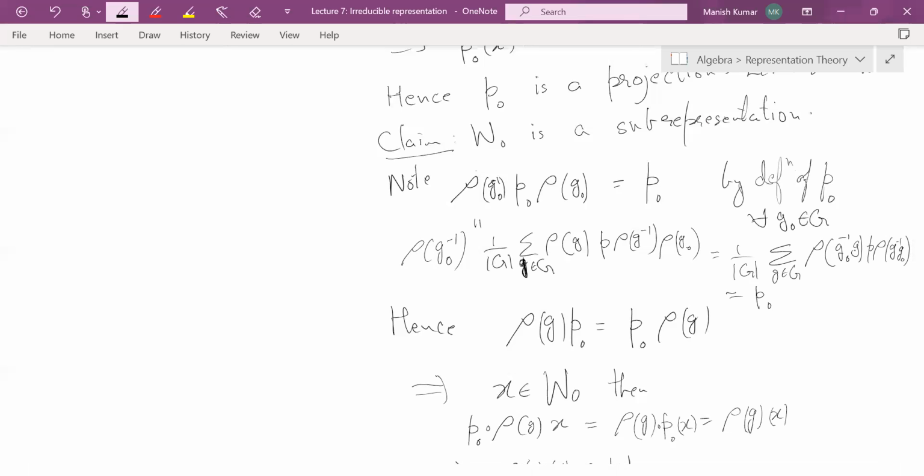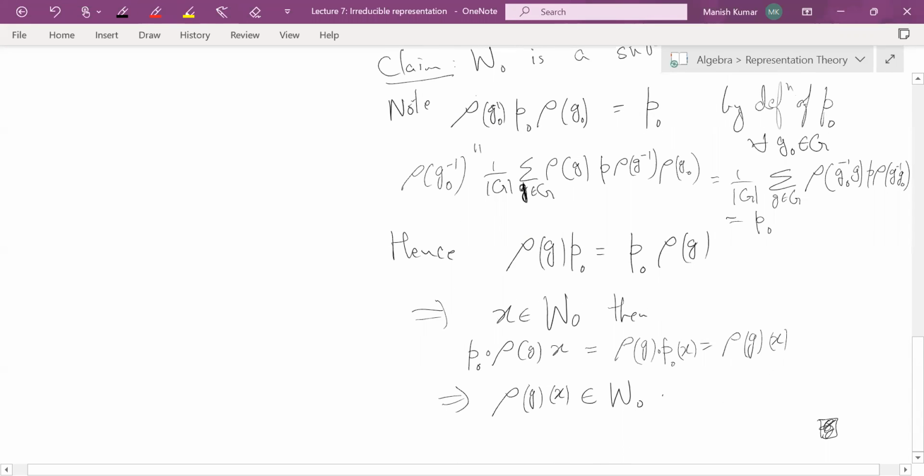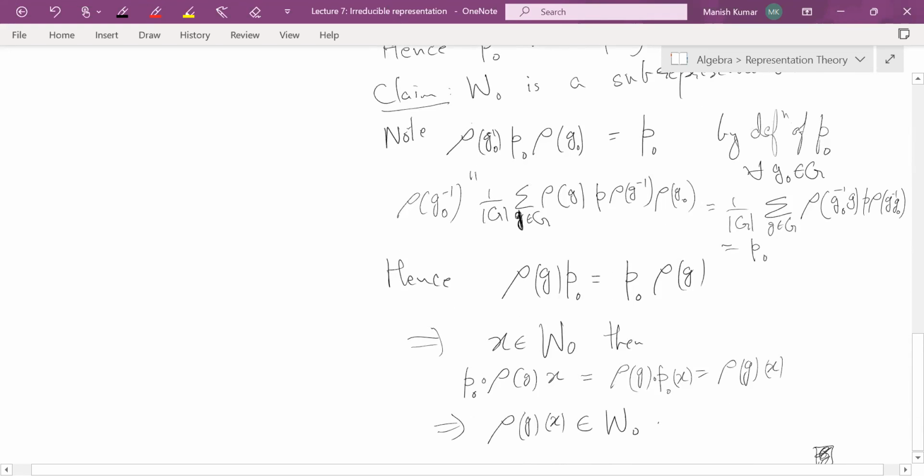Hence, if you write the statement alternatively, moving this to the other side, you get that rho G P0 is P0 rho G. This means that P0 is a G-equivariant map.